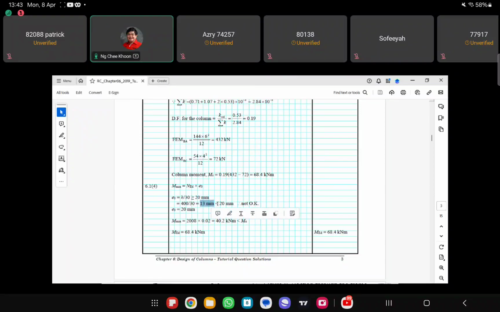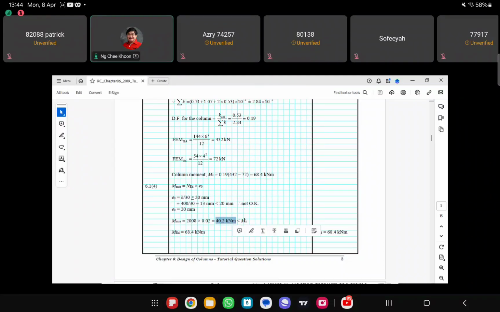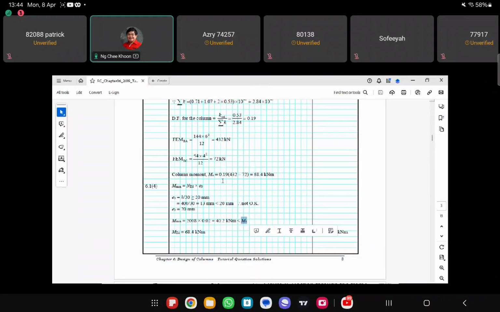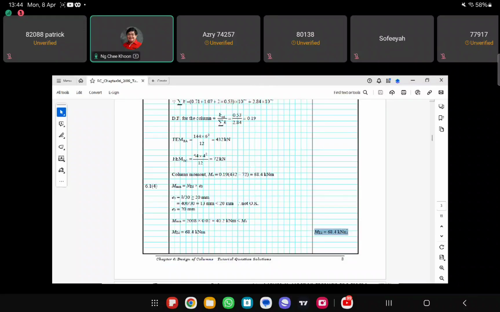But this one only 13 mm, so we have to use 20 mm as the eccentricity. So the axial load times the eccentricity will give you 40.2 kilonewton meter. So this is less than the one that we calculate from the subframe analysis, meaning that this is the governing design moment. So your design moment is 68.4 kilonewton meter.